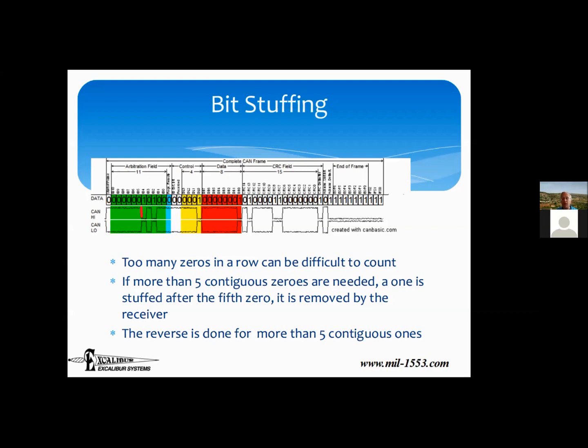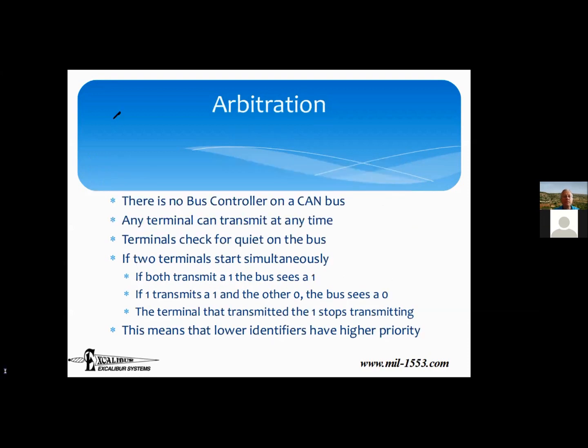So as long as both sides are in agreement how that's going to work, we're fine. Of course, if you have 5 ones in a row, then I'm going to throw in a 0. And that way, I get past the major problem with this method of encoding, which is the problem of oscillators not being perfect. Turns out that 429 and 1553 use totally different methods, and they don't need this.